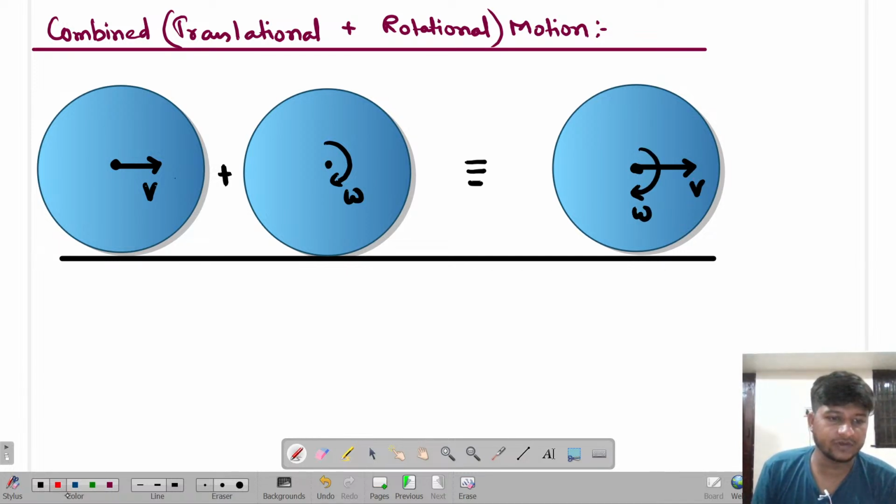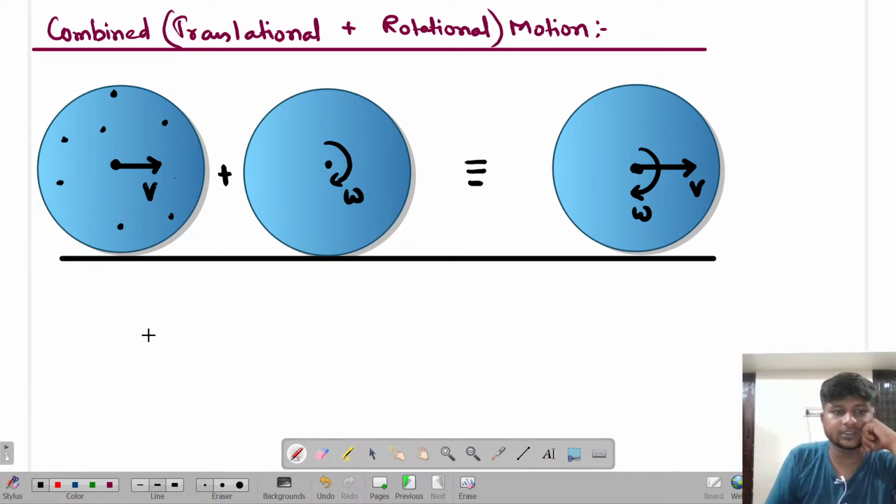Because you see over here what will happen, select any random point. We draw with black because this red is quite shiny on the blue surface, yes or no? I select some random points, and according to the rigid body concept we know that every point should move with the same velocity, yes.